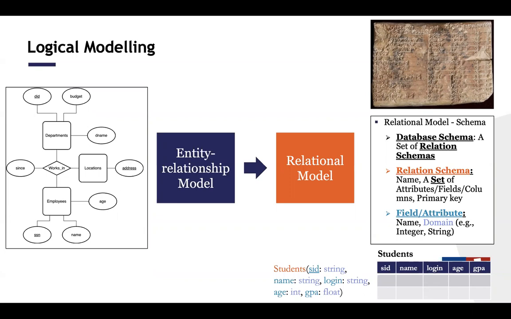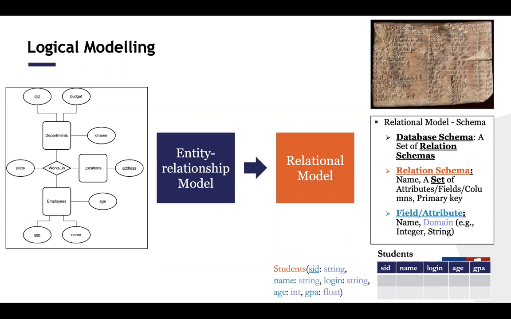One way for you to specify an entity relationship model is by drawing an entity relationship diagram, which is very similar to the one that you see on the left-hand side of the slides. After you have such a conceptual model, the second step is what we call logical modeling. That is the step where you take your conceptual model as input and implement it, in the context of this course, in the relational model.